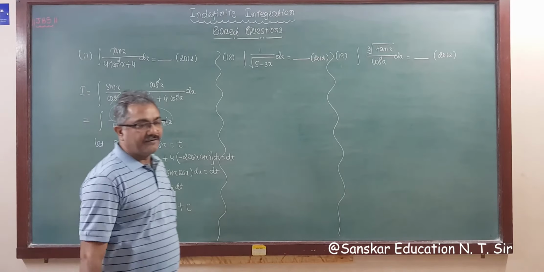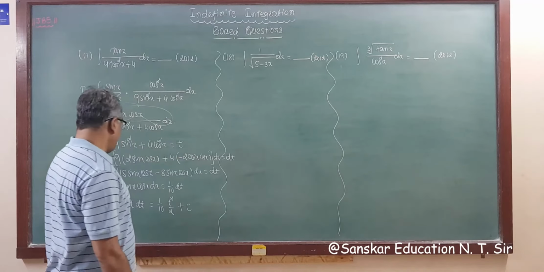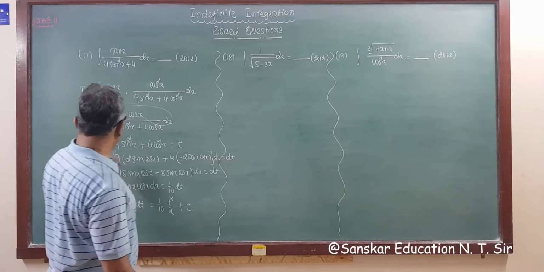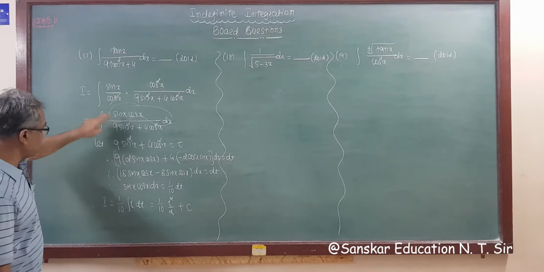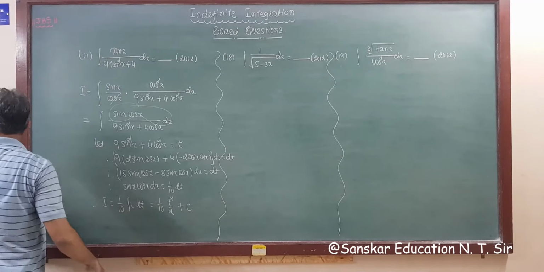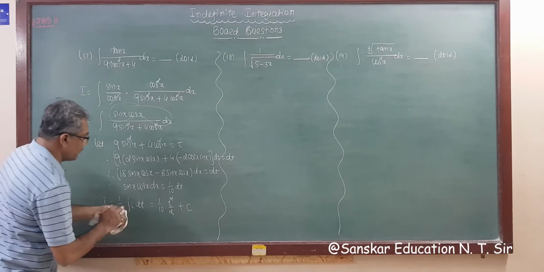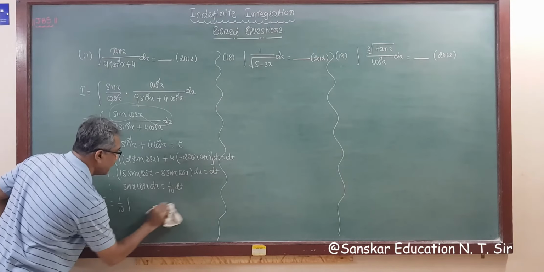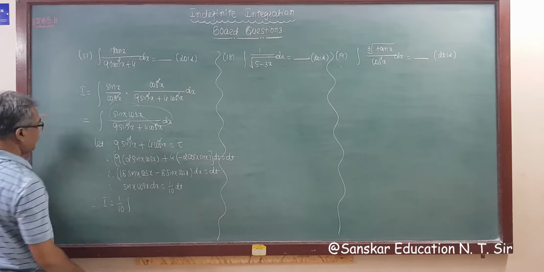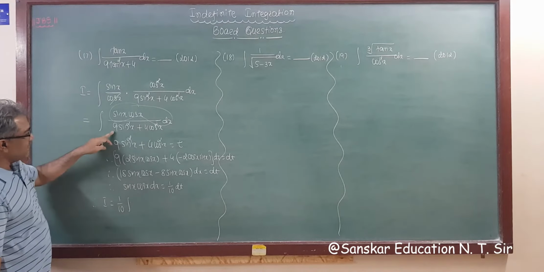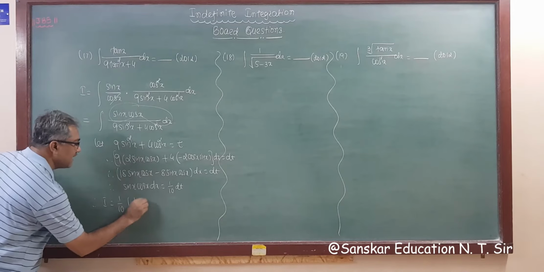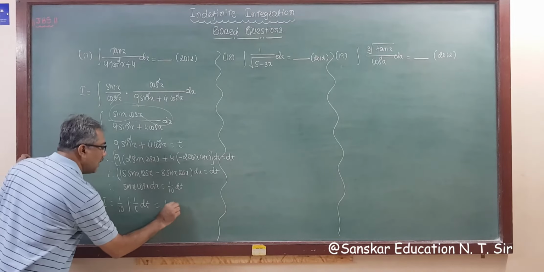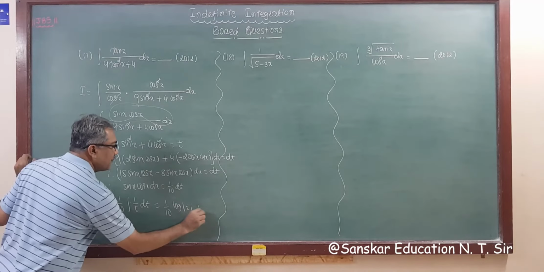Sorry, we are making some mistake. I made a mistake writing here. This is integration of sin x cos x dx, which is 1 upon 10 dt, and this is 1 upon t, instead of which I am writing t. So the answer will be 1 upon 10 log mod t plus c.